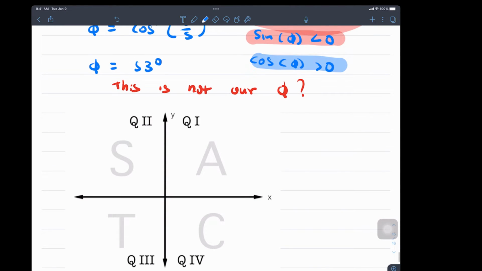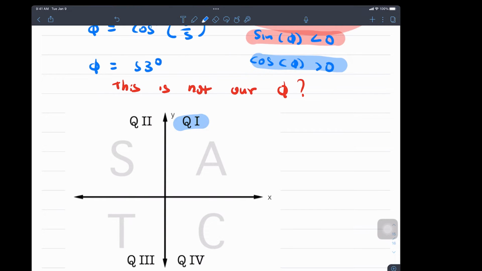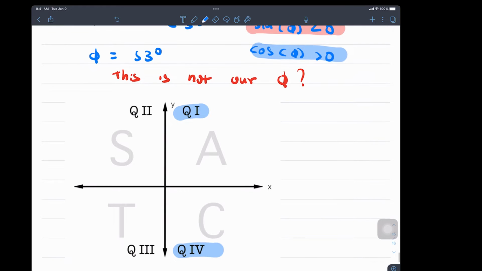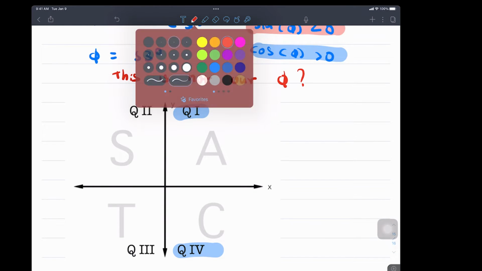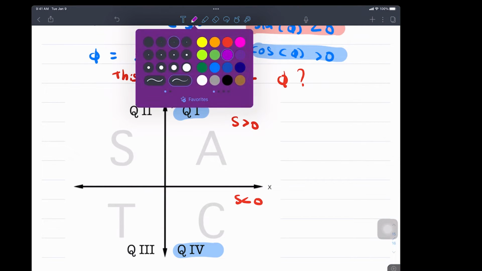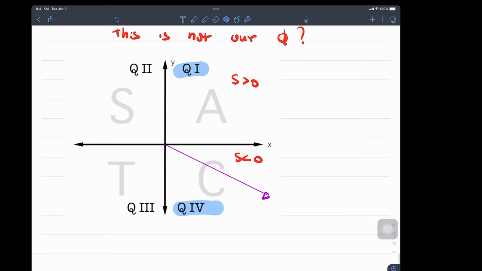Cosine's positive in quadrant what? 1 and quadrant 4. In quadrant 1, what do we know about sine? Sine is also positive, but in quadrant 4, sine's negative. Is that right? So what do you think this gave us? What do you think that 53 degrees refers to?